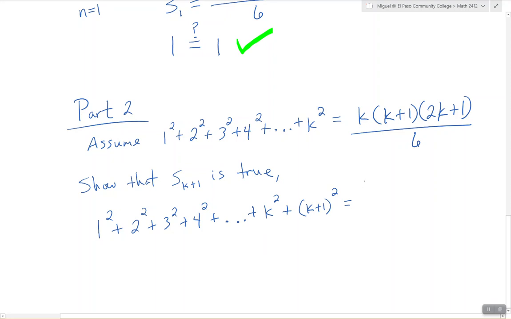And we can rewrite what we have up there, and then we added this extra piece to it, right?